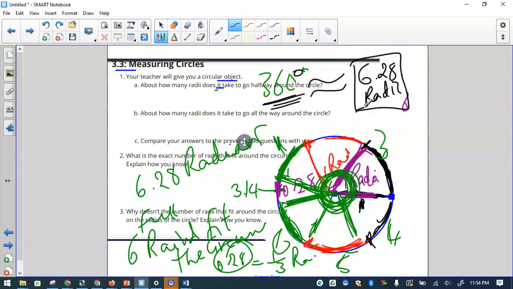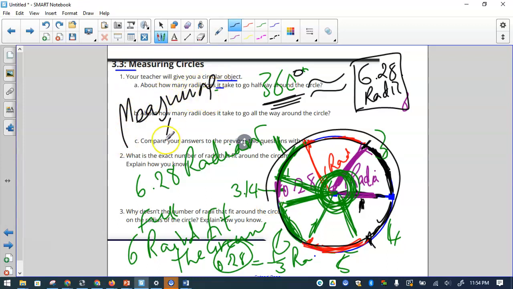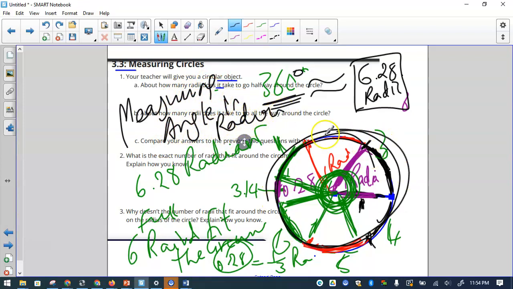It means 6 full radii and 0.28 fit the whole circumference. So we move to another way of measuring angles, in radians. So how many radians fit the whole round here?